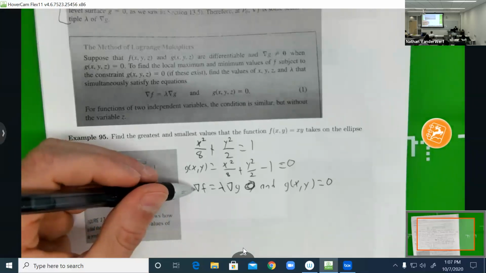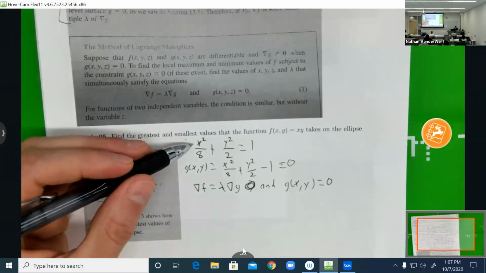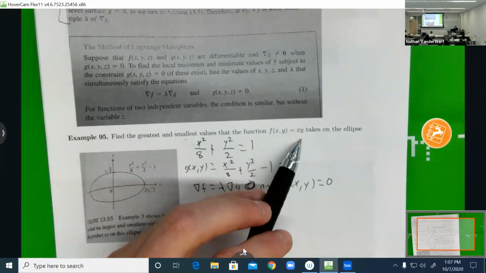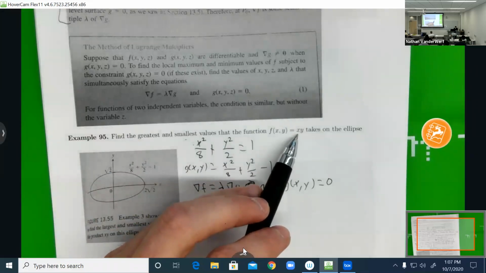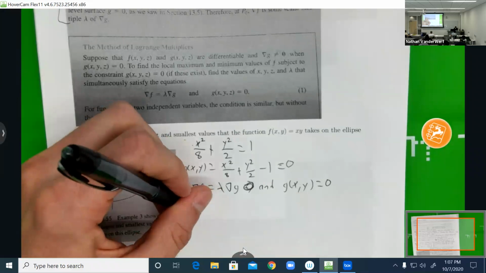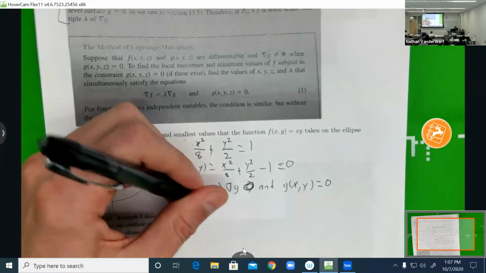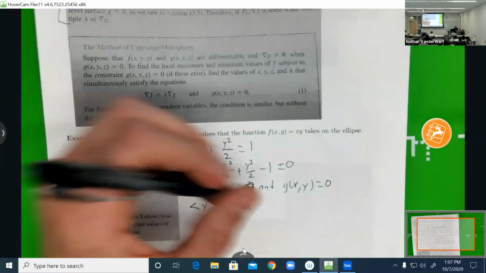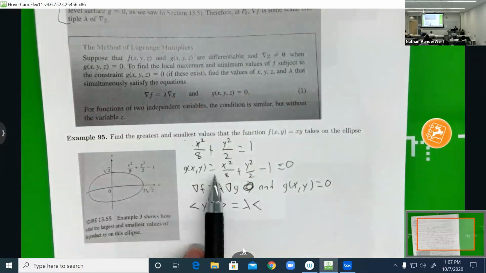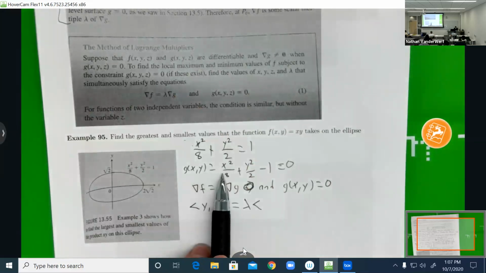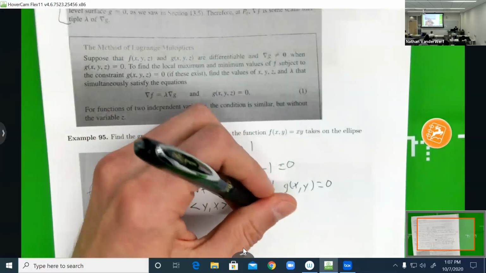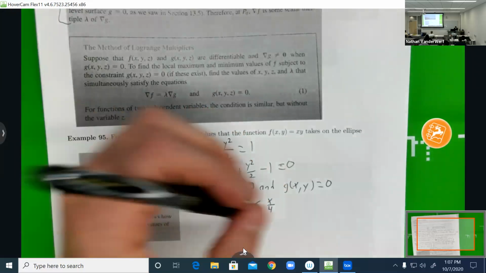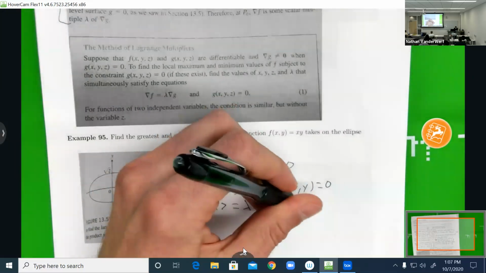So the gradient of f equals lambda gradient g. The gradient of f: the partial with respect to x is y, the partial with respect to y is x. So we get (y, x) equal to lambda times (x over 4, y).